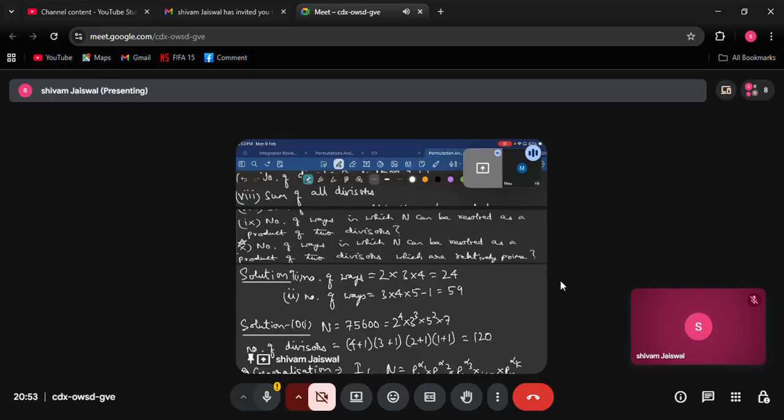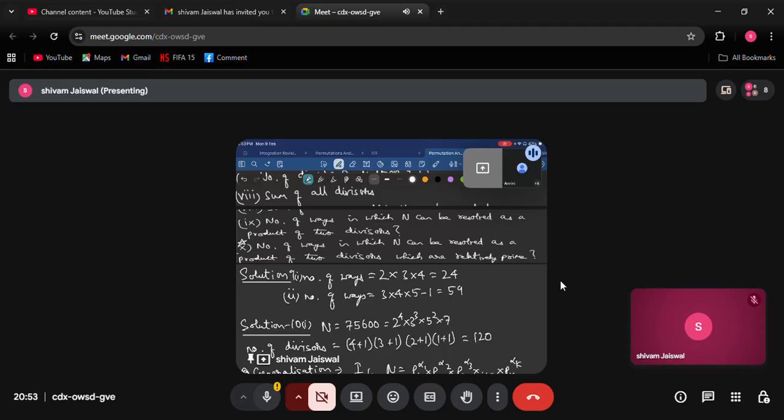Number of ways in which n can be resolved as a product of two numbers which are relatively prime. Yes, Anandit, your answer is correct.